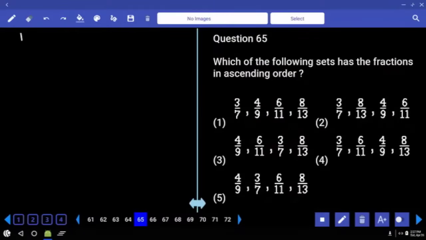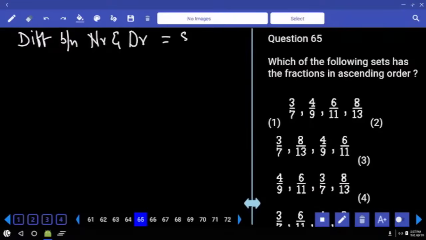So, if the difference between numerator and denominator is the same, there will be two conditions.